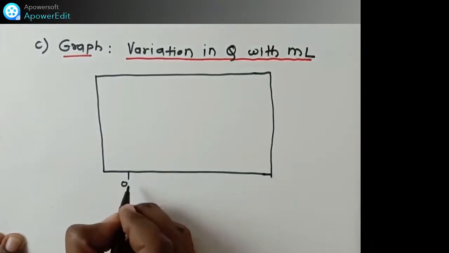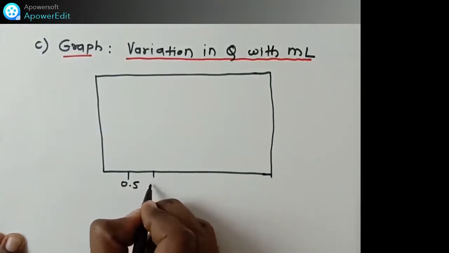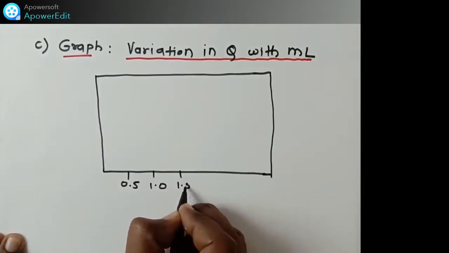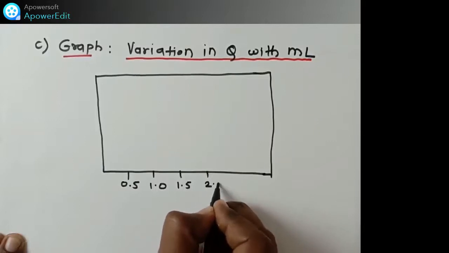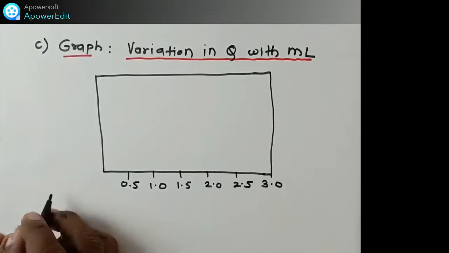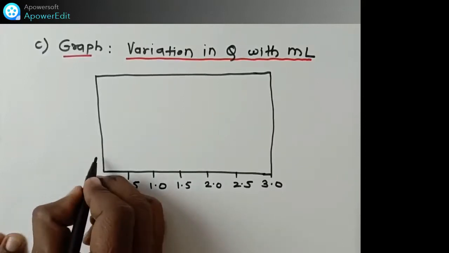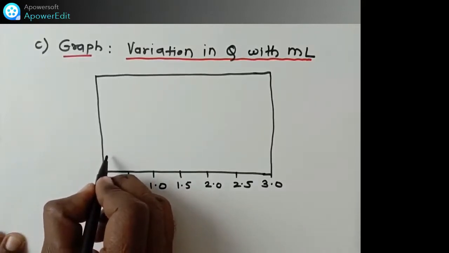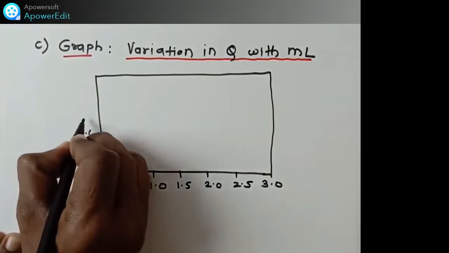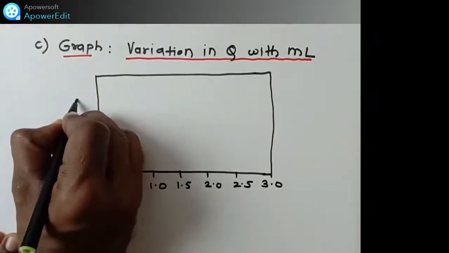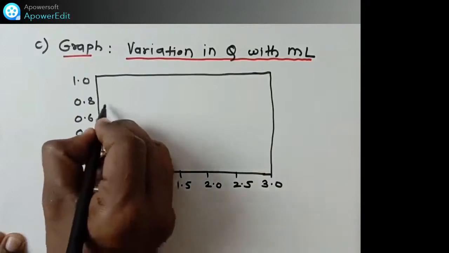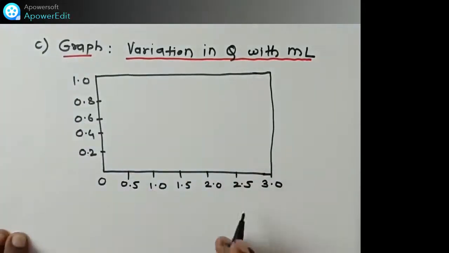Here we will take 0.5, 1, 1.5, 2, 2.5 and here 3. On the upper side here will be 0.2, 0.4, 0.6, 0.8 and 1. This will be the scale.